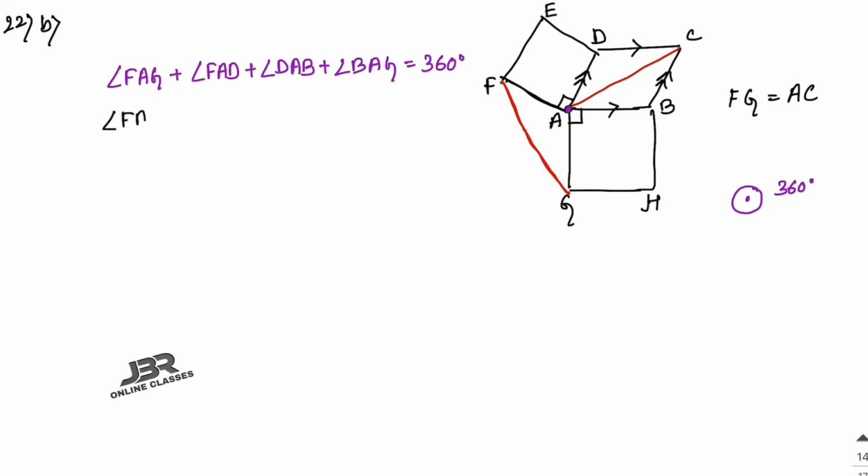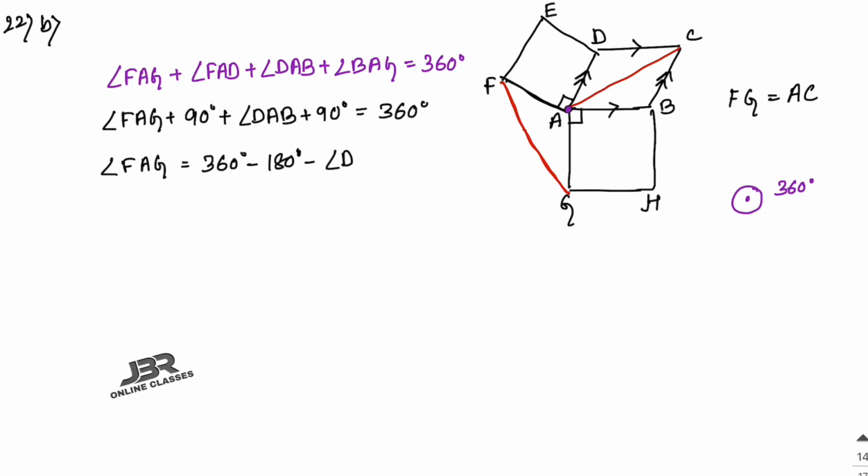So here angle FAG, now FAD is 90 degrees, DAB, and BAG is also 90 degrees. That equals 360 degrees. So angle FAG equals 360 minus 180 minus DAB. That means 180 minus DAB.